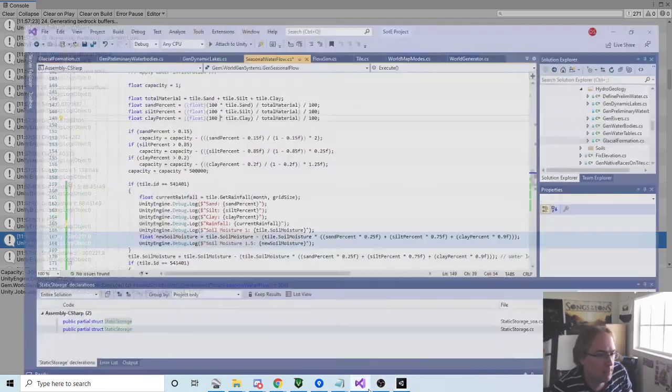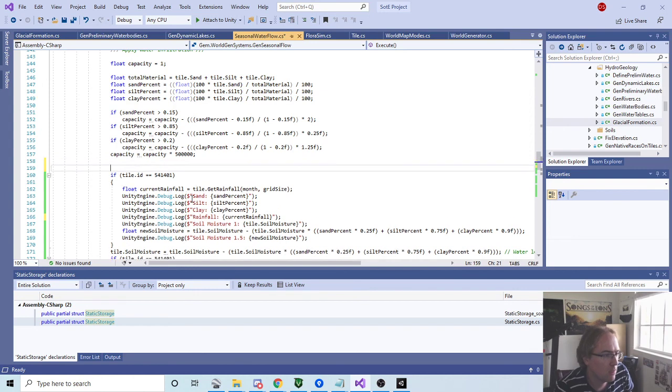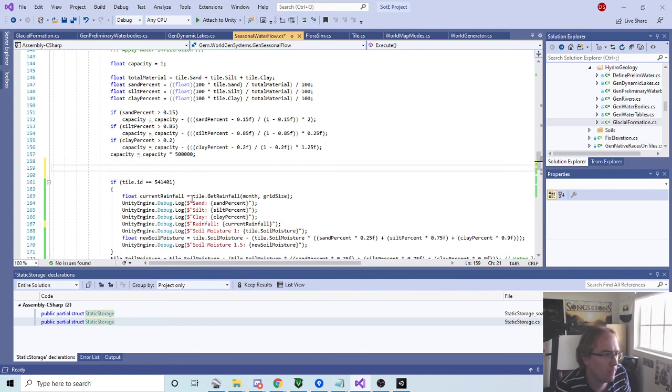Let's go ahead and do the math here. I was a little bit careless over here. So, go through the logic. Sand percent is in fact over 15%. So, our capacity, which is 1, minus... Wait a minute. No. Okay. I know what's wrong.